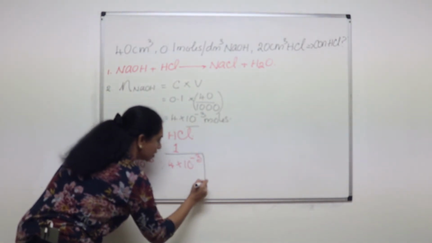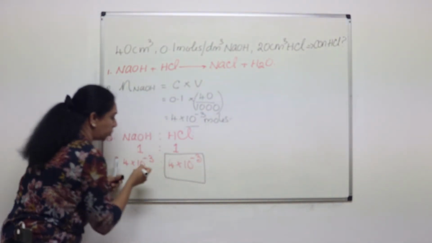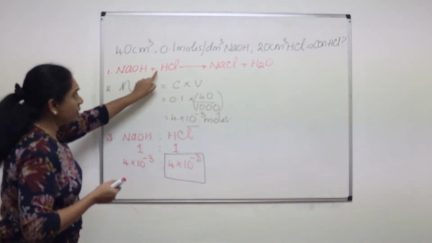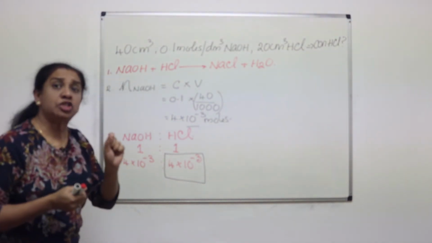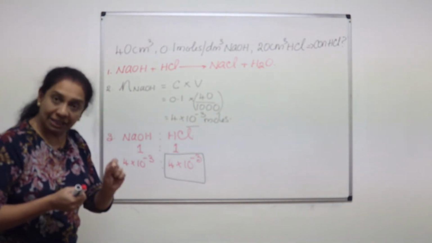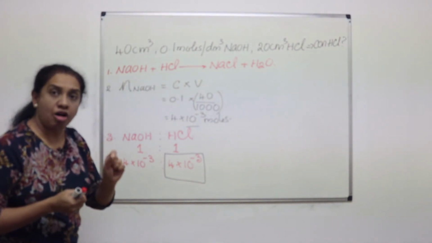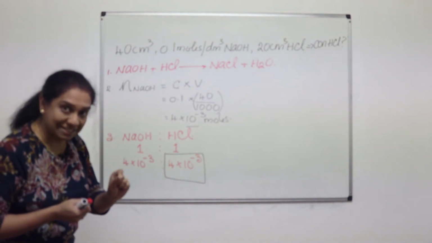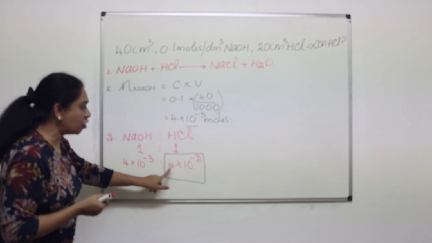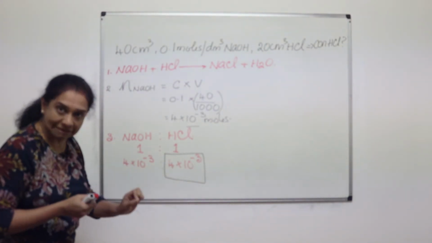You would have understood this very clearly. So we are using the ratios of the moles according to the balanced symbol equation to calculate the mole of hydrochloric acid, 4 times 10 to the power minus 3.